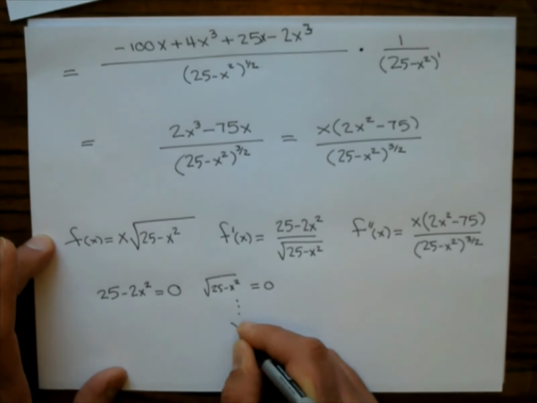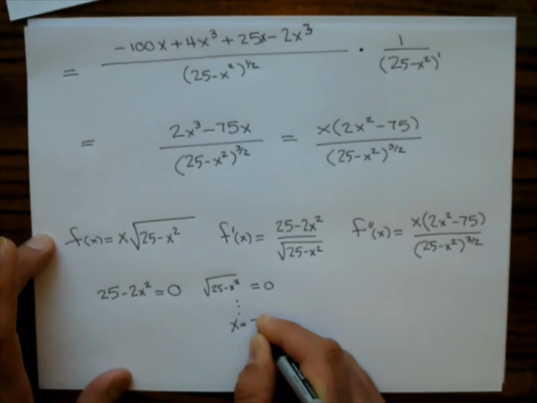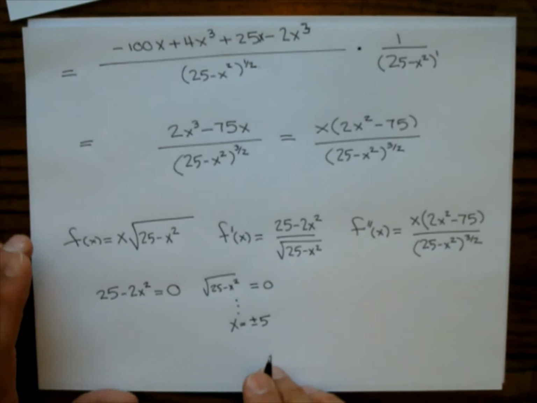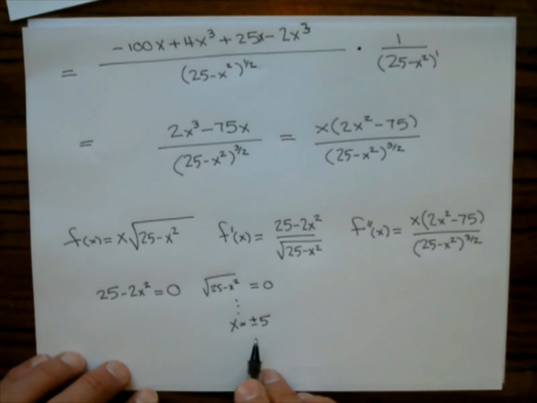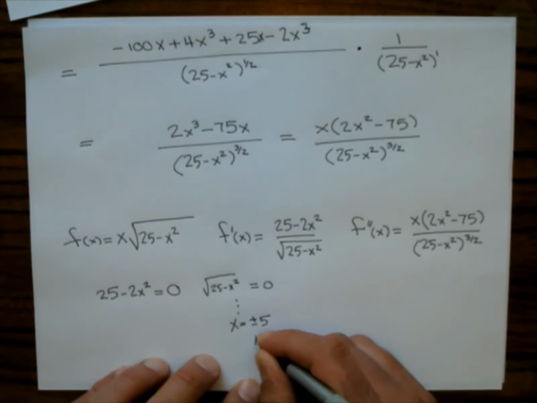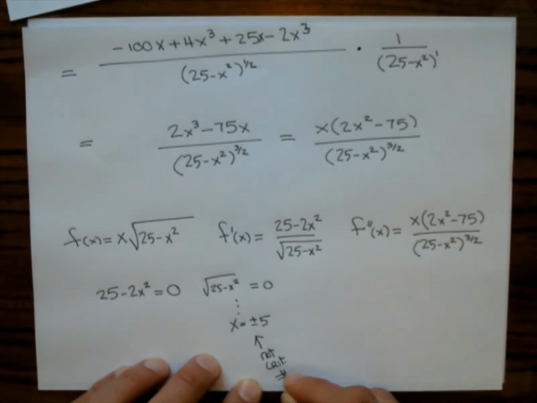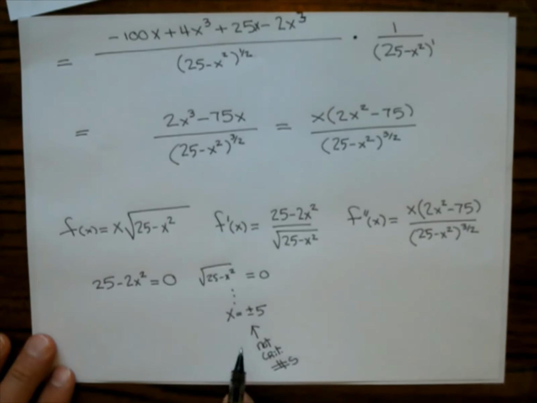This one's going to give me two x values: x equals plus or minus 5. Now if you look at the domain, and that was the first thing we found, those plus and minus 5 are actually non-interior points. So these guys right here are not critical numbers, and so we're just going to leave those alone.